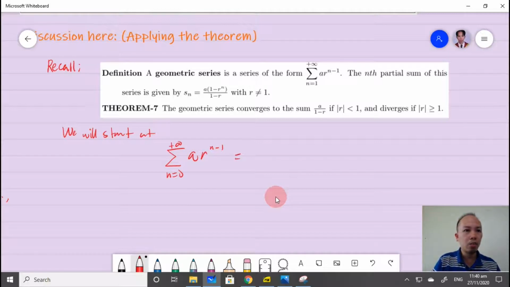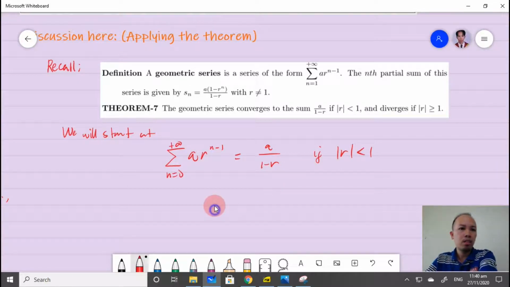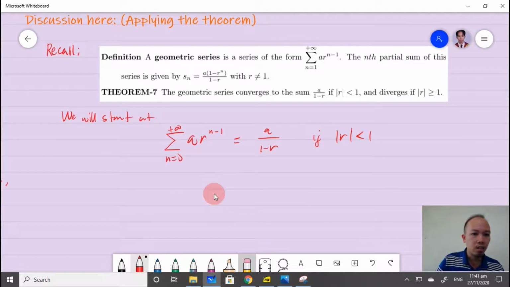In order for this to converge, our absolute value of r is less than 1. So we will derive the series where our n starts from 0.